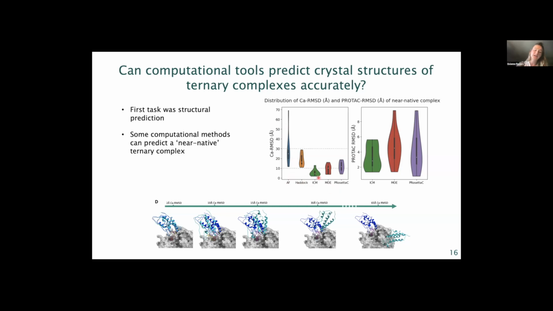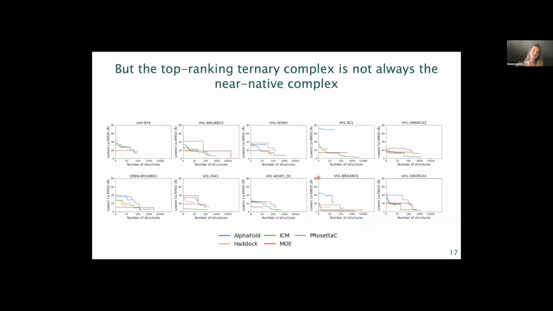And you can see here ICM performs pretty well in actually finding something that very closely resembles the ternary complex. But interesting, of course, is where does this ternary complex rank among all of them? And we can see that sometimes we are able to really see a complex within the first 100 structures, but not necessarily always the top ranking structure.